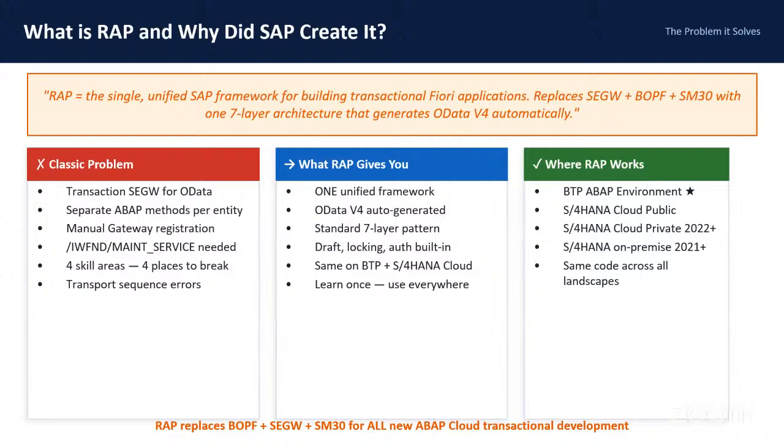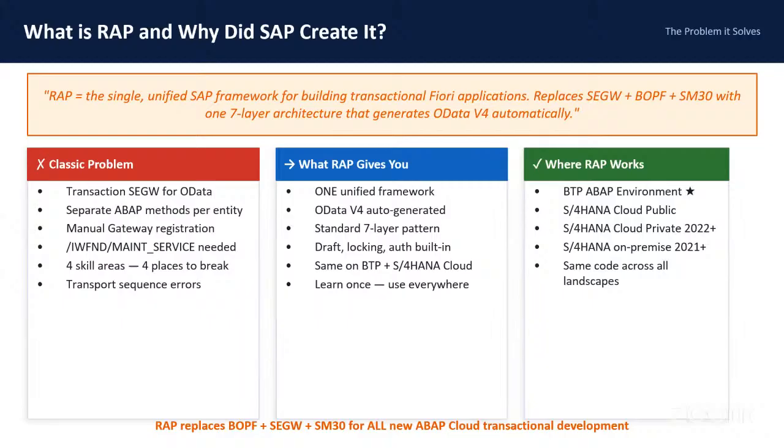So in classical ABAP, we have to follow these 5 steps, and this may involve the basis team and sometimes different packages and different groups of people. So we have 4 separate technology areas: different skill sets, different tools, different team members.